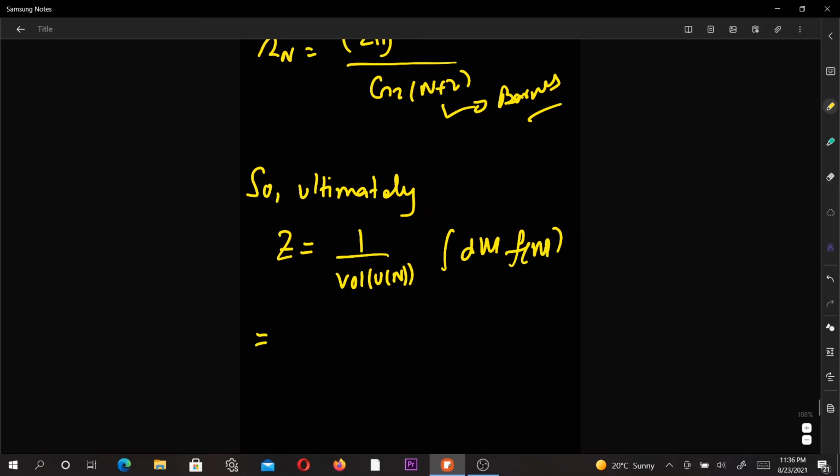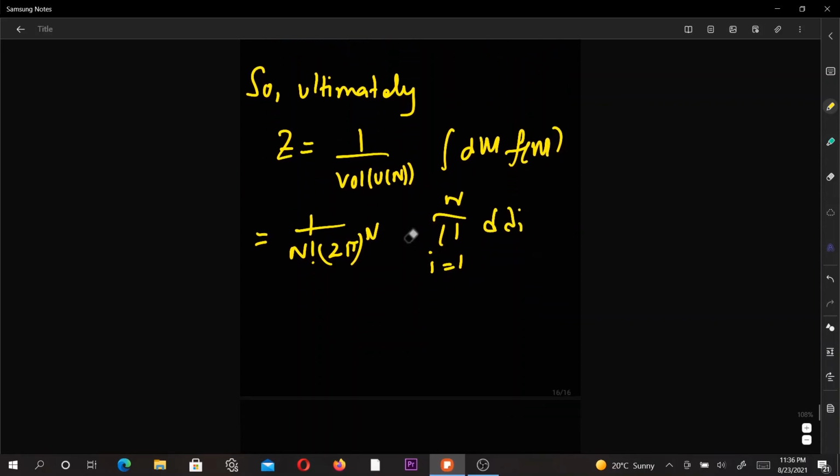So ultimately what this has become is the product over i equal to 1 to n of d lambda i. This has become something like this, the integral, and lambda and exponential to gs.